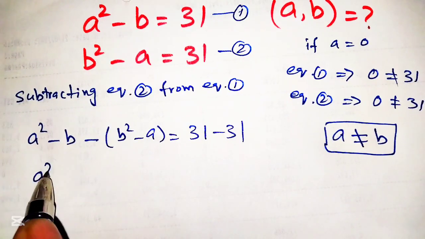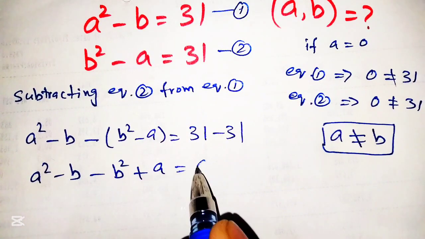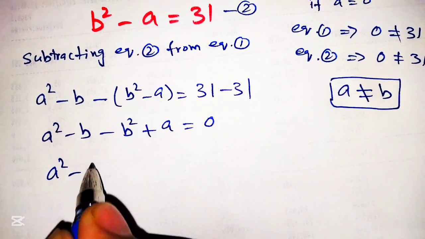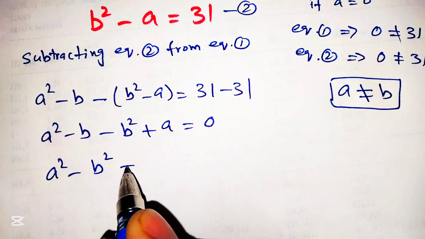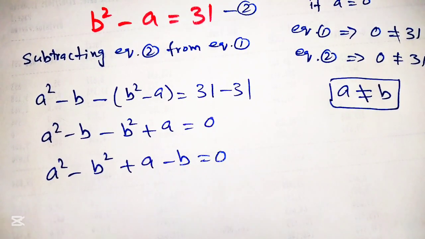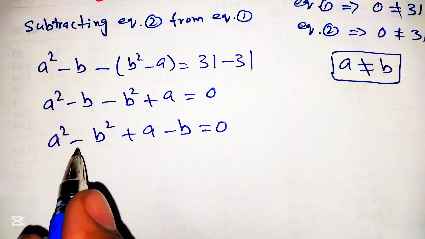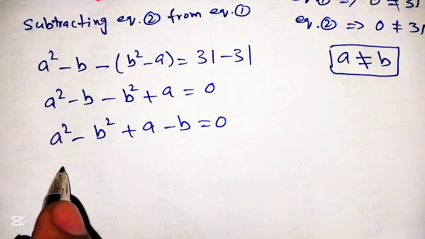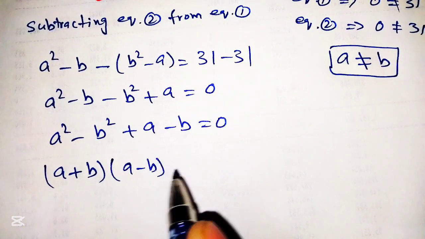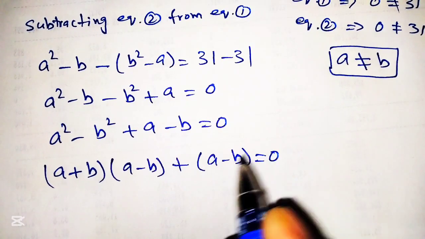Solving this, a² − b² + a − b = 0. Now we can use the formula a² − b² = (a + b)(a − b), plus (a − b), which is equal to 0.